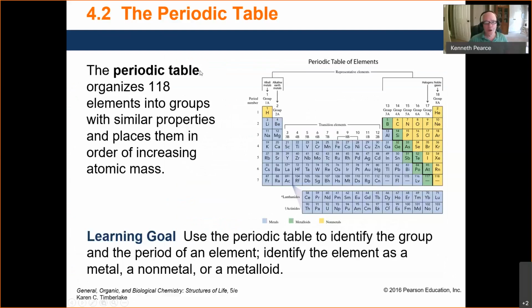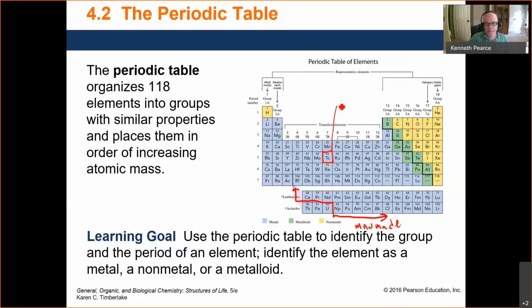And here's a periodic table. And there's more than 118 elements, but there is a bunch of elements. And everything from uranium on is man-made. All right. And everything from uranium on down is natural, with the exception of Tc, technetium.